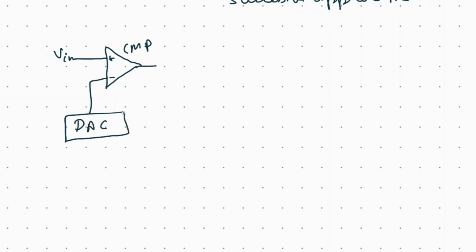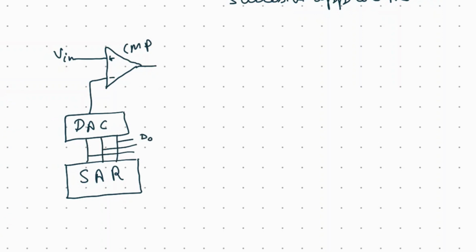Today's lecture is on the successive approximation analog to digital converter. This analog to digital converter consists of an operational amplifier which acts as a comparator, where at the non-inverting terminal we have the input voltage, and the inverting terminal is fed with the output of a digital to analog converter, the DAC, which of course will have a reference voltage.